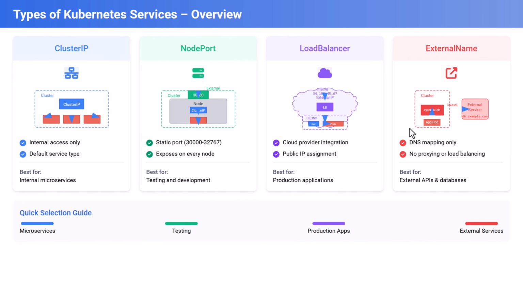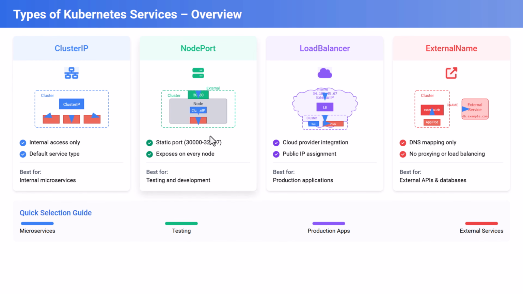In Kubernetes, services define how pods are accessed, whether it's for internal communication or exposing apps to the outside world. There are 4 main types: ClusterIP, NodePort, LoadBalancer, and ExternalName. Let's see them one by one. ClusterIP, the default option for internal-only access, great for backend and database communication.